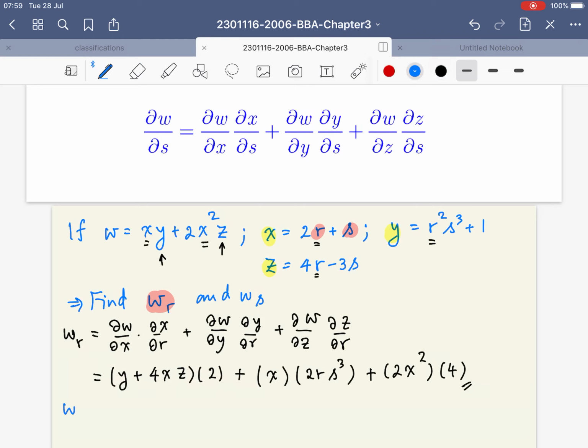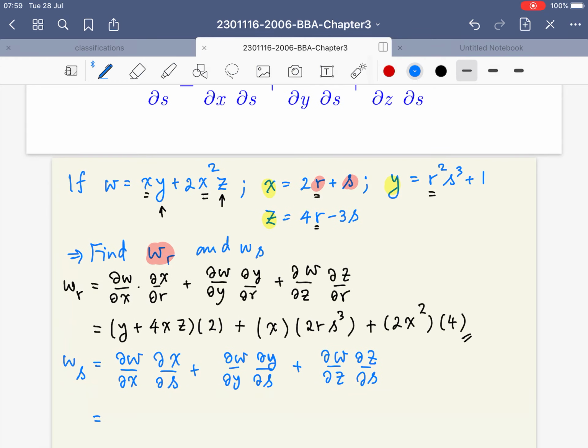Another one that you may need to find is the derivative of w with respect to s. So again, go through the x and dx by ds, and go through the y, followed by the derivative of y with respect to s, go through the z, followed by dz by ds. Okay, so the first one is the same thing, right?